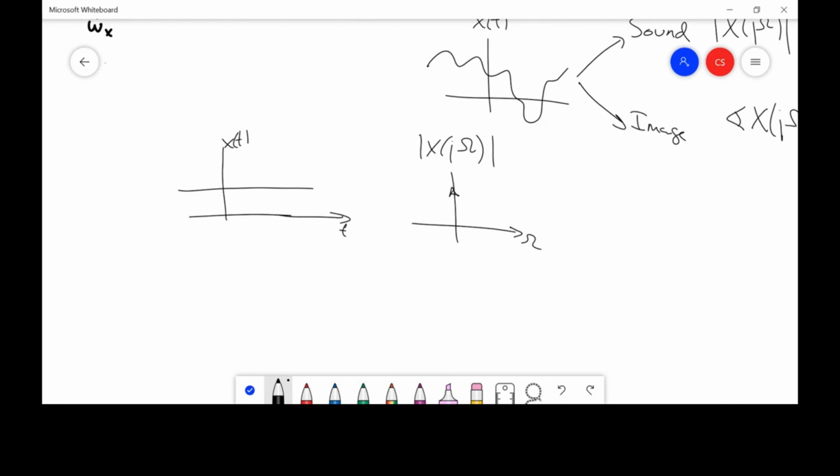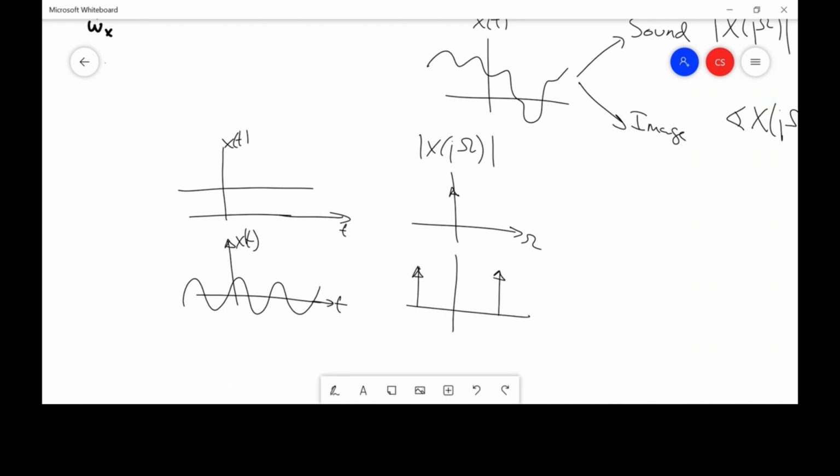Okay, so if I have a signal that extends from minus infinity to infinity, the Fourier transform is a delta. What about this one? This is a sine. And again, the Fourier transform is a couple of deltas.